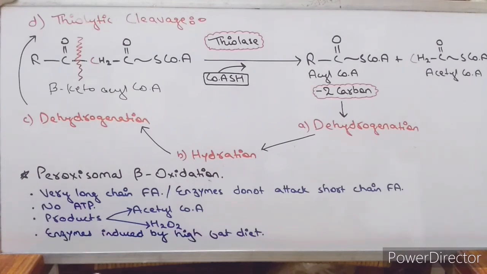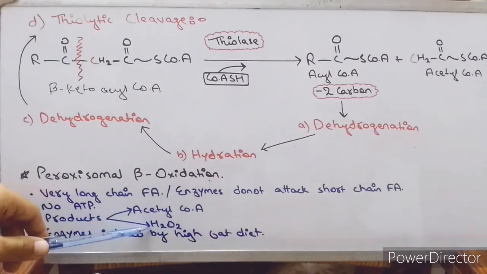In the mitochondrial beta oxidation, when the dehydrogenation is occurring, there are oxidized coenzymes available which are converted to reduced form. But in the case of peroxisomal beta oxidation, there are no such coenzymes available. So the hydrogens which are removed during the dehydrogenation step are used in the formation of hydrogen peroxide.